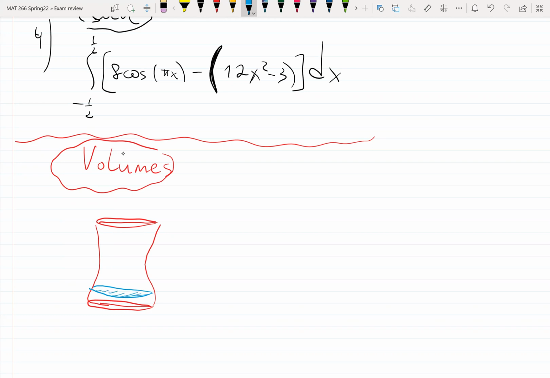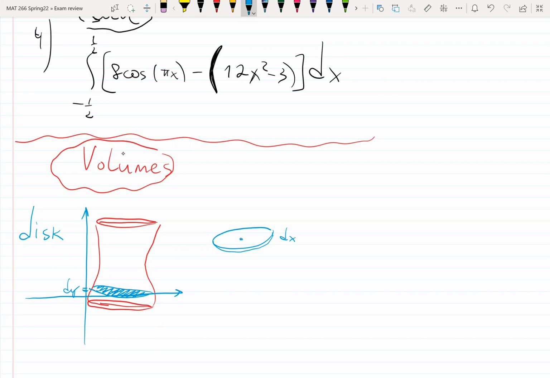Disks means it is filled in, solid, not hollow. Each disk will have a very, very tiny width, which we're going to call dx or dy, depending on where the shadow of that thing goes. For this case, the shadow goes to the y axis, so it will be dy if that is horizontal slicing. Vertical slicing will be dx.